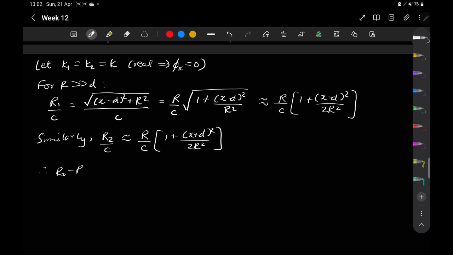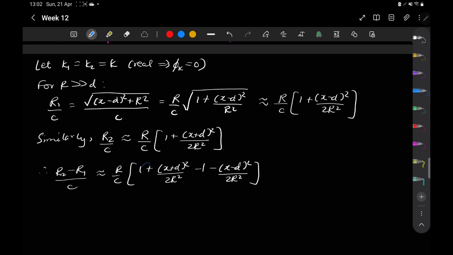Therefore, r2 minus r1 over c is the following. This one cancels out.